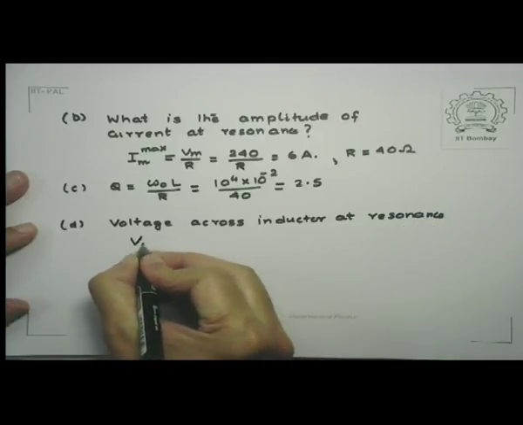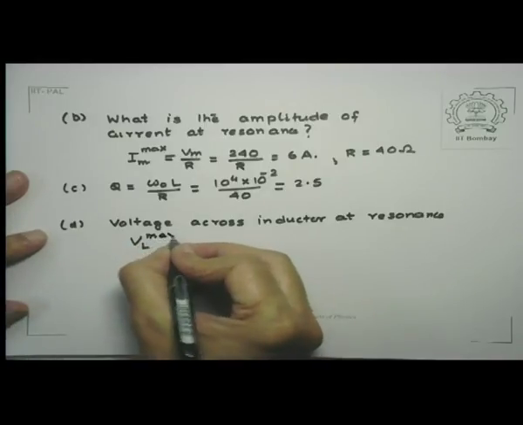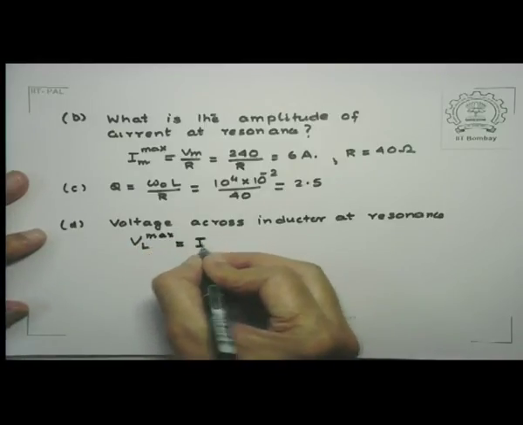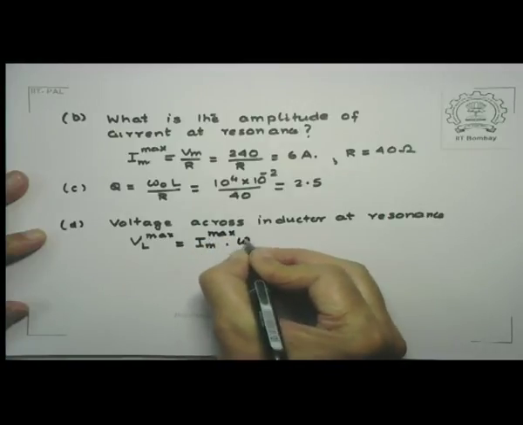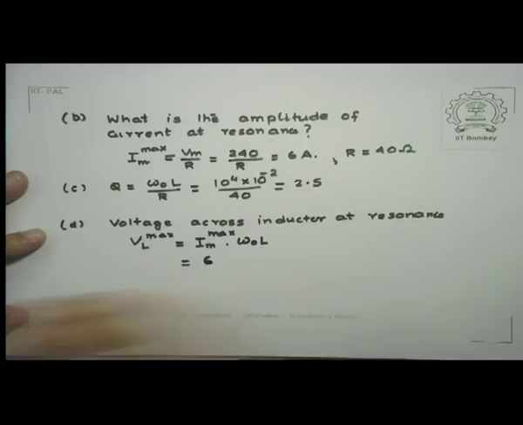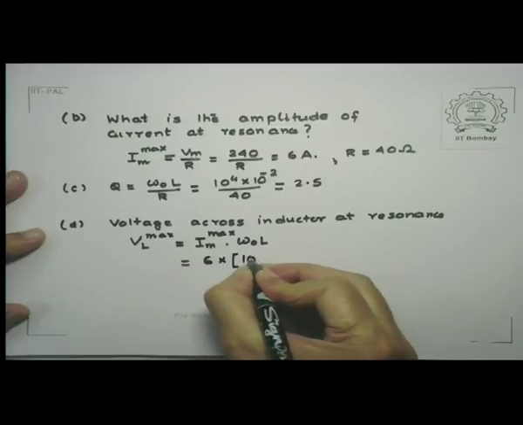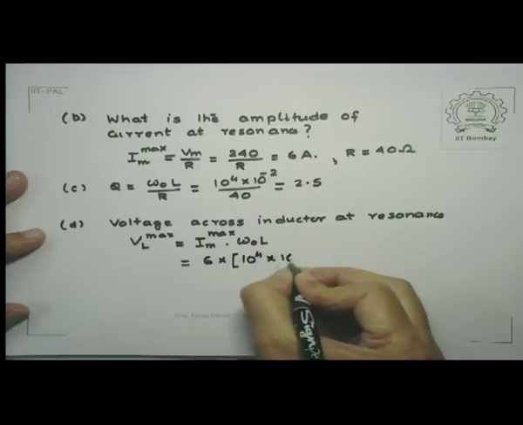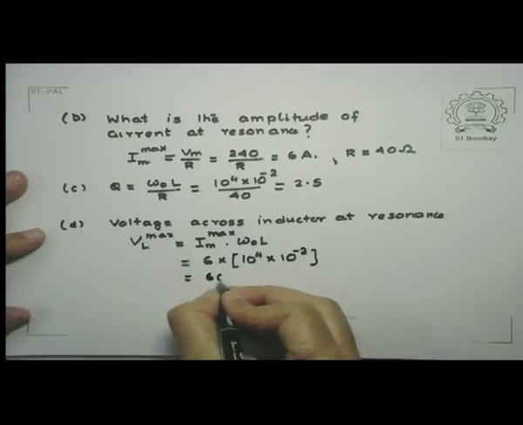So VL max, so that's obviously equal to Im max times omega 0 L, that's your reactance, which is 6 multiplied by omega 0 is 10 to the power 4 and L is 10 to the power minus 2 Henry, so that's equal to 600 volts.